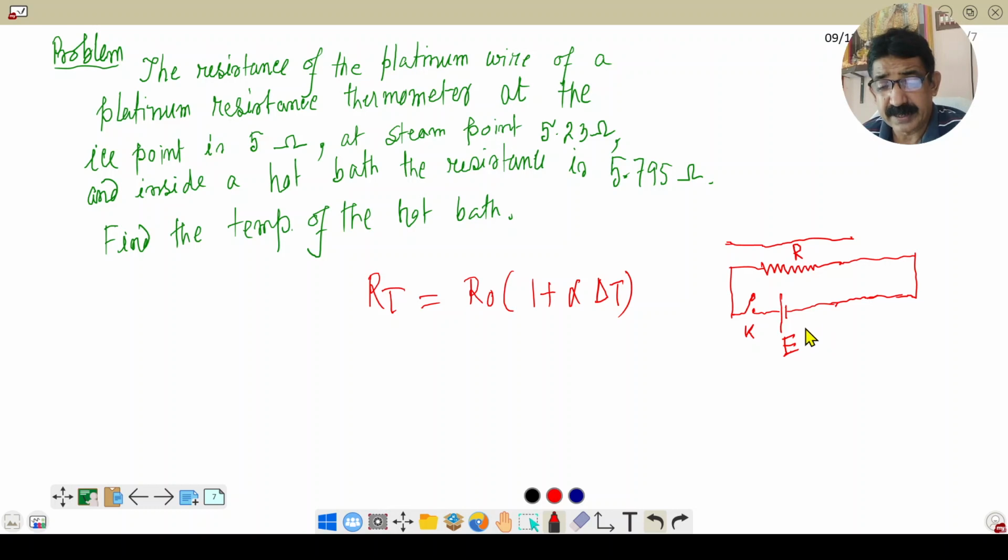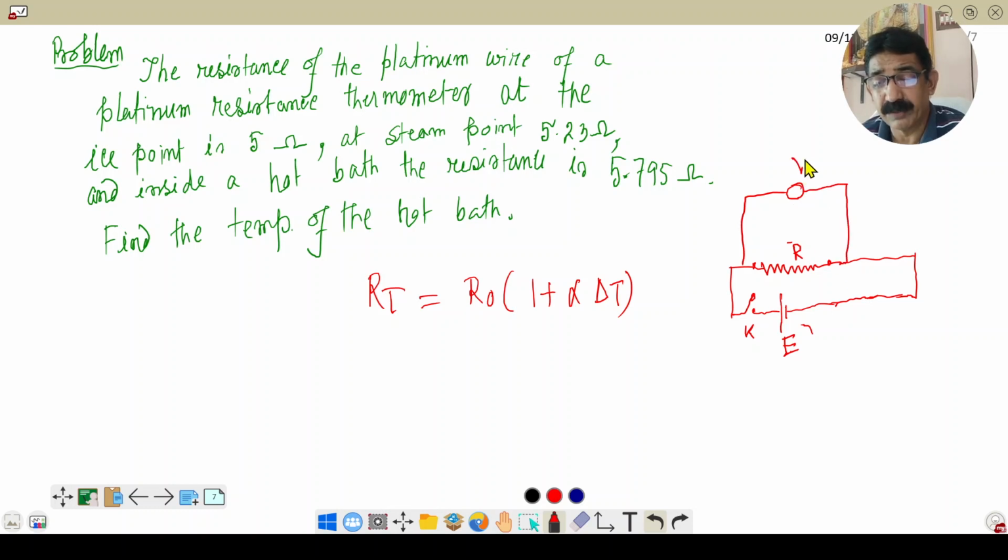If we measure the potential difference between two terminals, this can be measured with the help of a voltmeter. There is a voltmeter here.